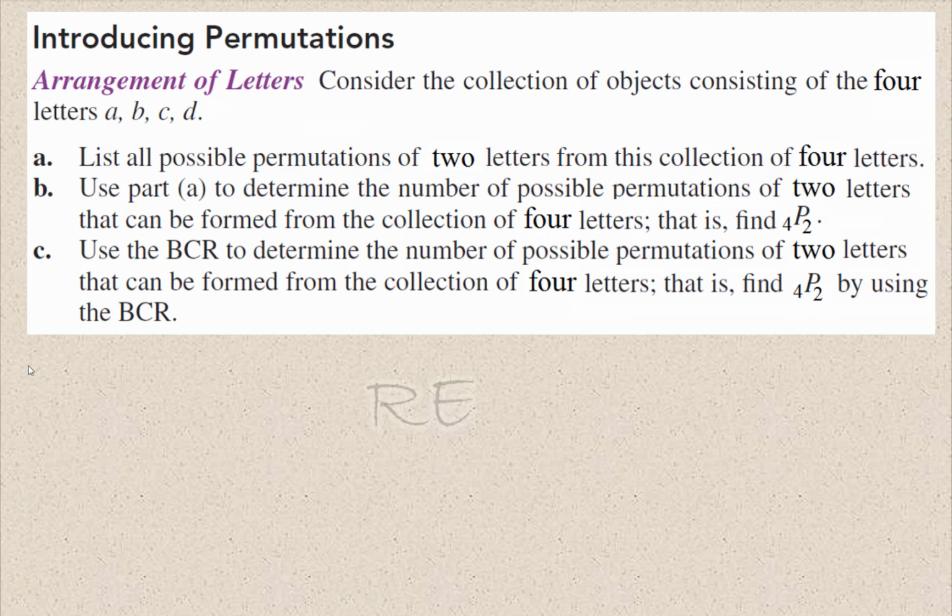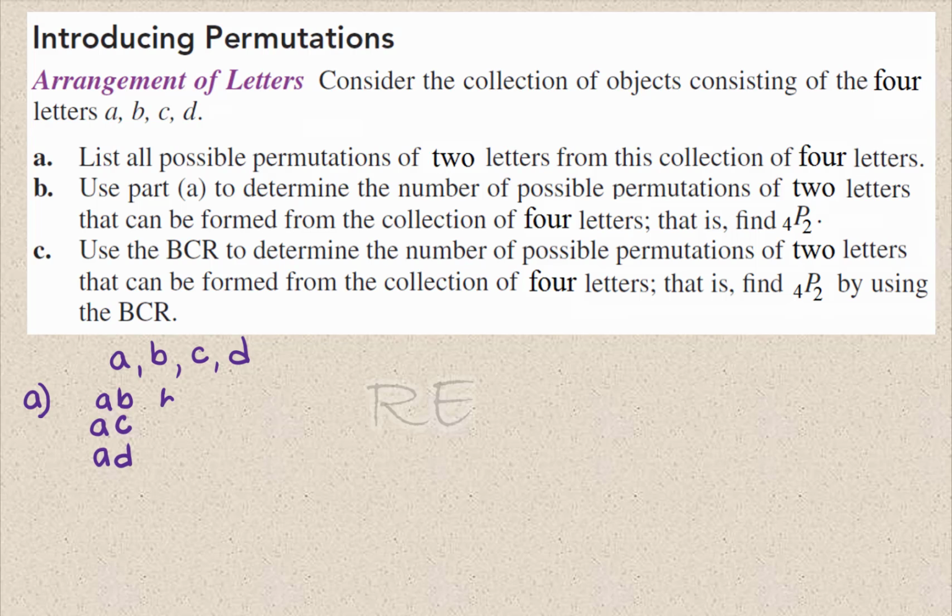Introducing permutations, we're going to list all the possible permutations, ordered arrangements of two letters from this collection A, B, C, D, from a collection of 4 letters. Well, we're going to have AB, AC, AD.